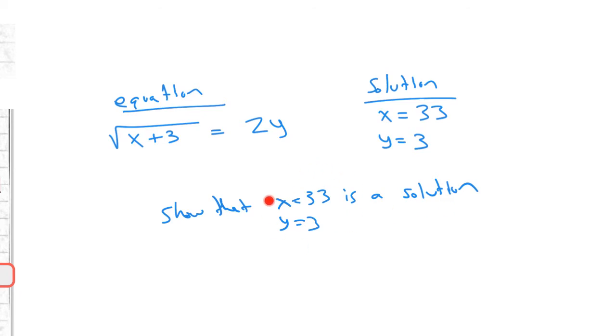Well, you would take those solutions and plug them into the original equation, right? And you would show that you get square root of 33 plus 3 is 36 equals 2 times 3, and then you get 6 equals 6. So it works, right? So what we've done is we've shown that these are solutions to that equation.